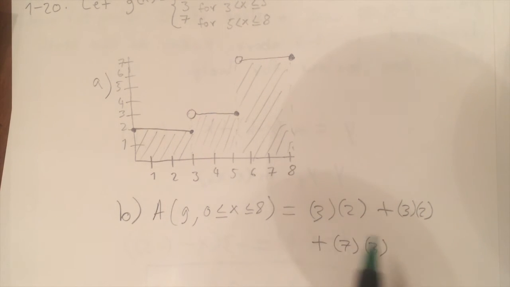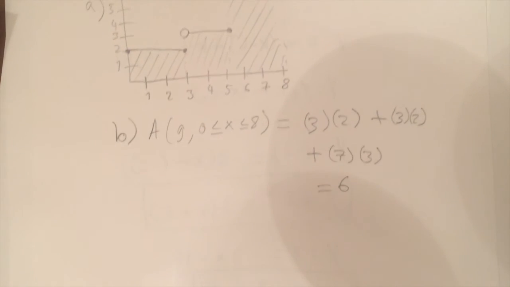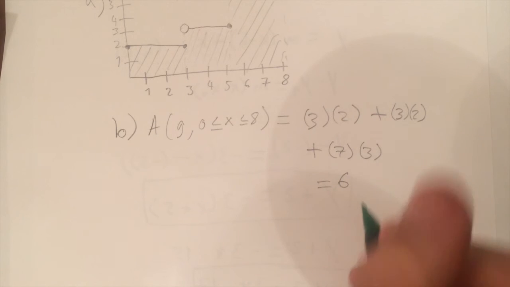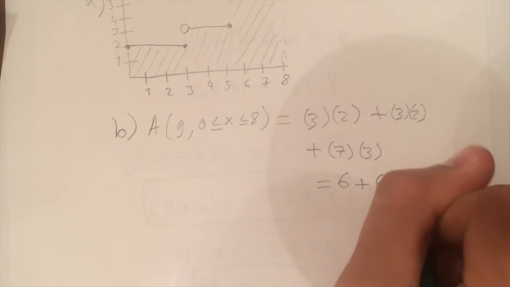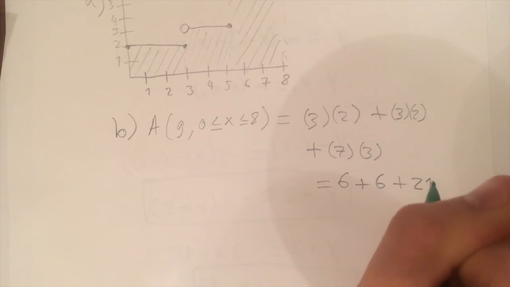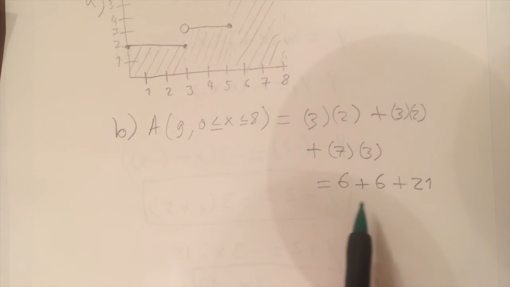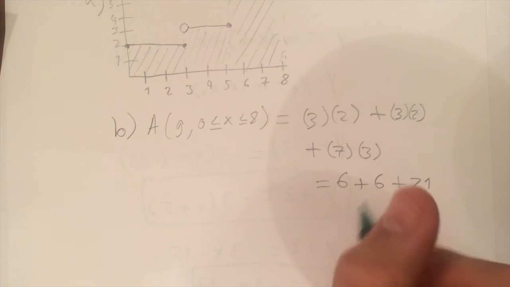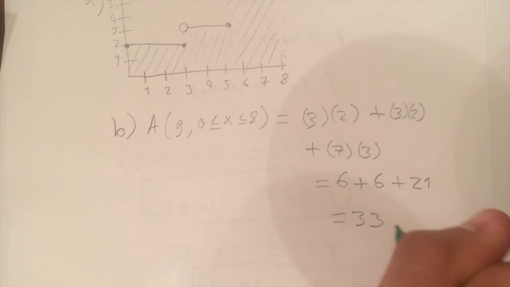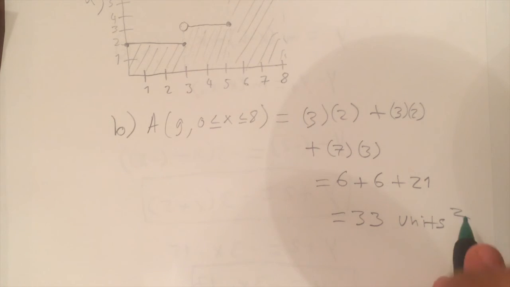And then when you do these calculations, you get 6 plus 6 plus 21, which is 12 plus 21, which gives you 33 units squared.